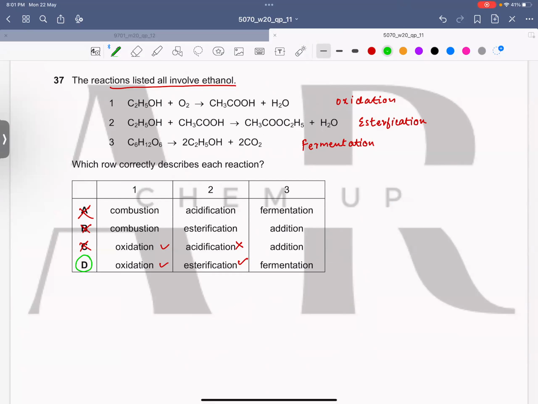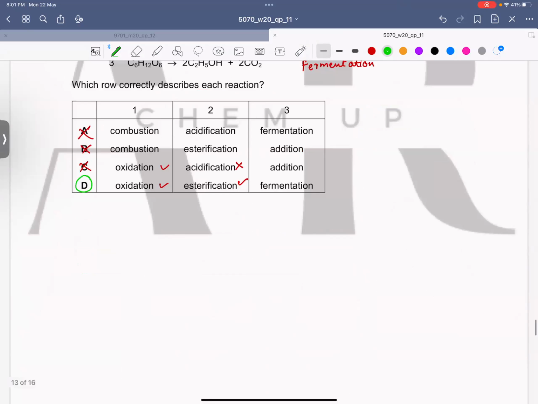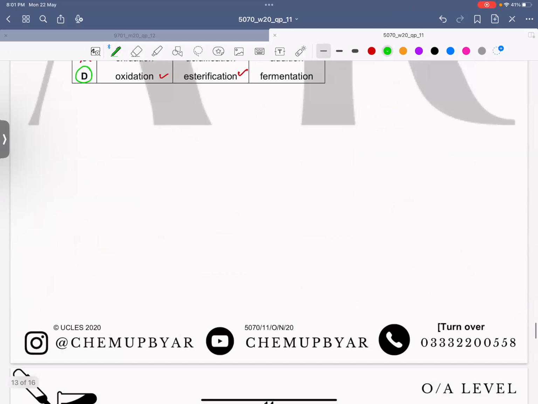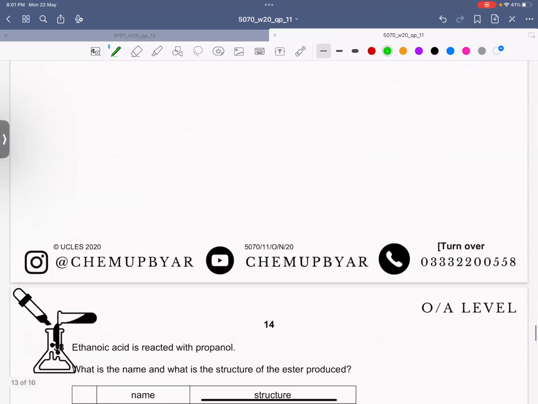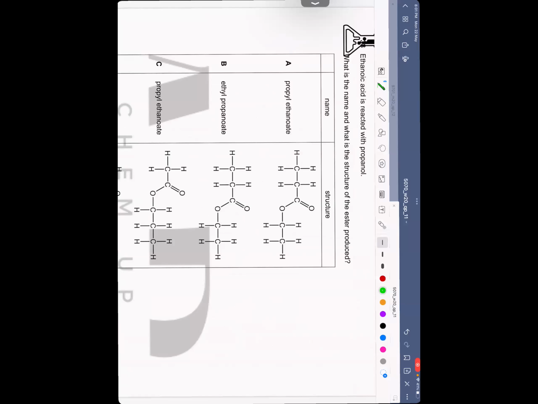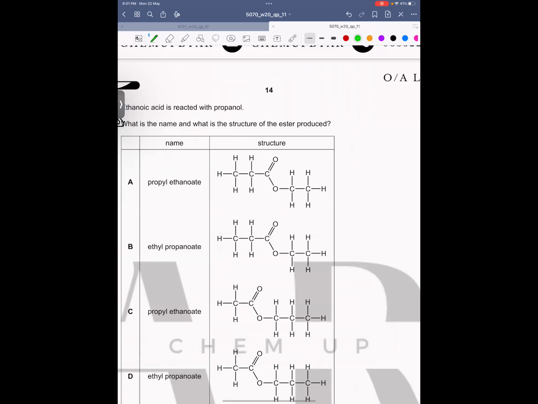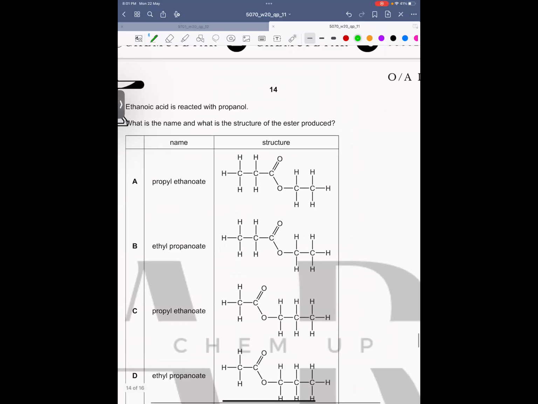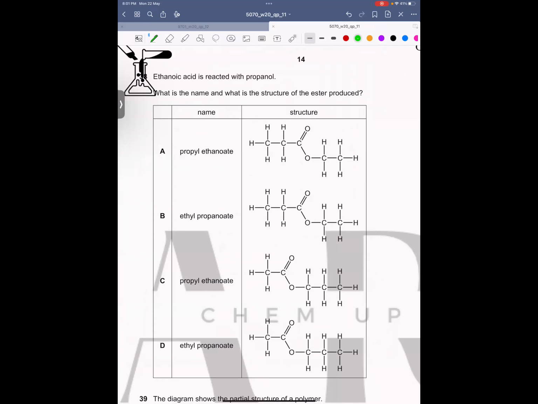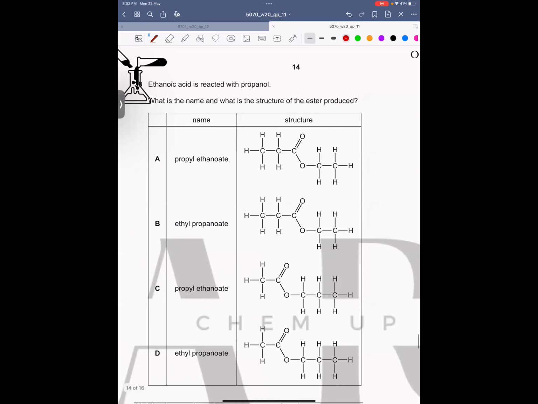Now, question number 38. Let me do it in this way. Ethanoic acid is reacted to form the ester produced.